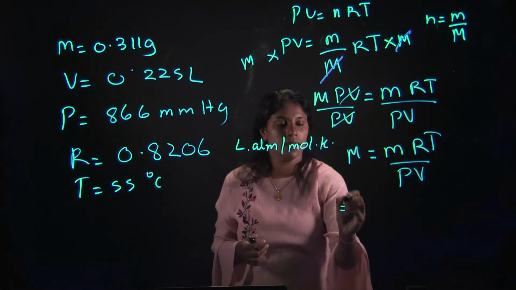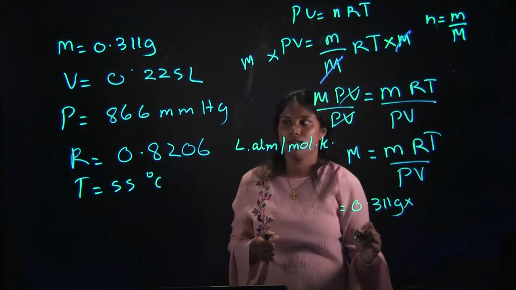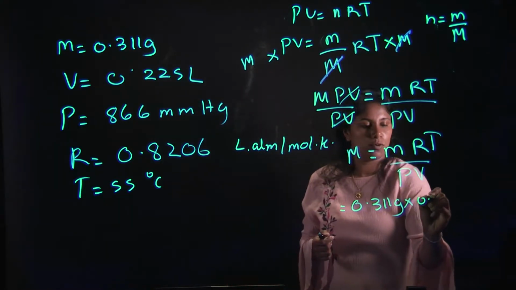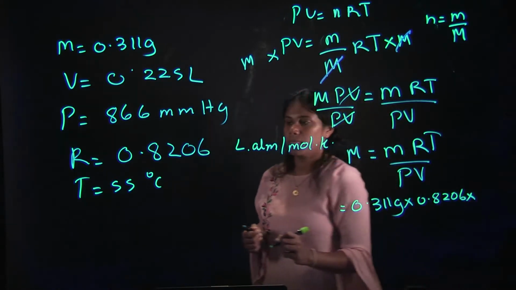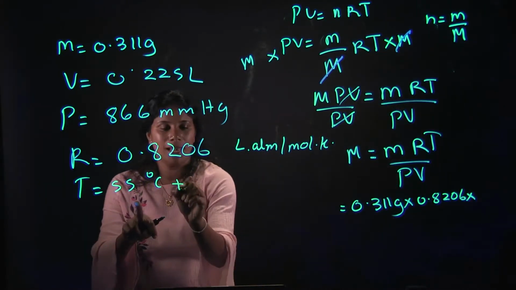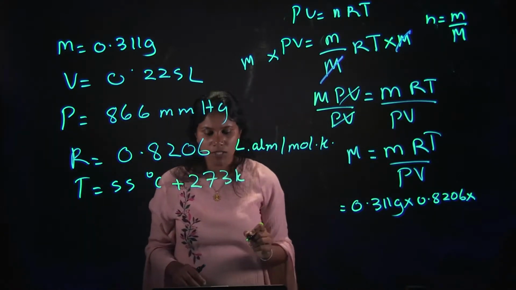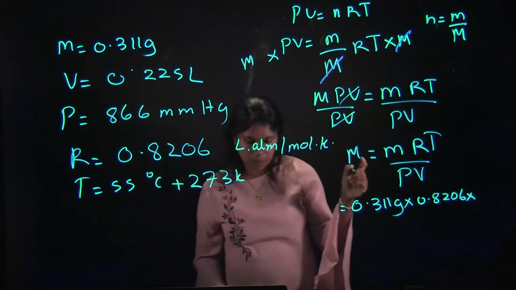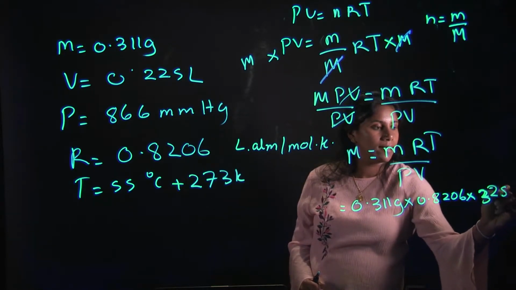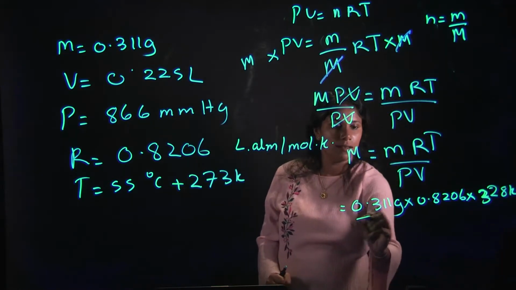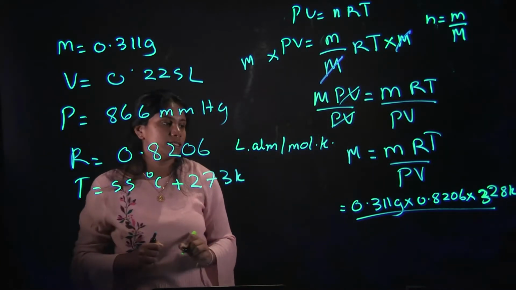You substitute. Mass is 0.311 gram. R is 0.08206. What is the temperature? You use 55 plus 273 Kelvin, which is 328 Kelvin. Pressure is given as 866 millimeters mercury.